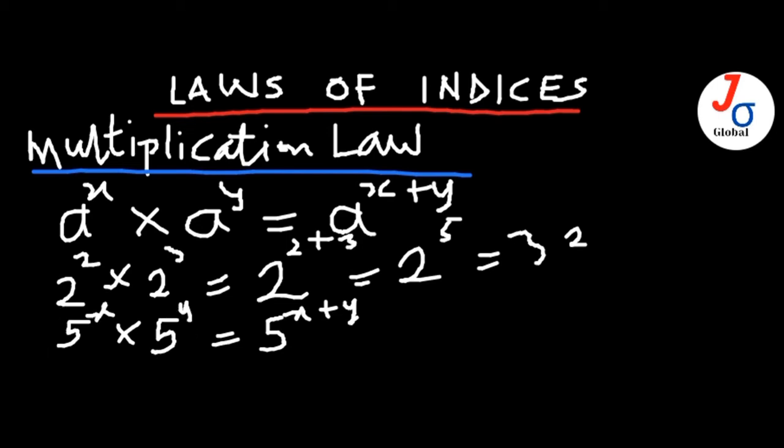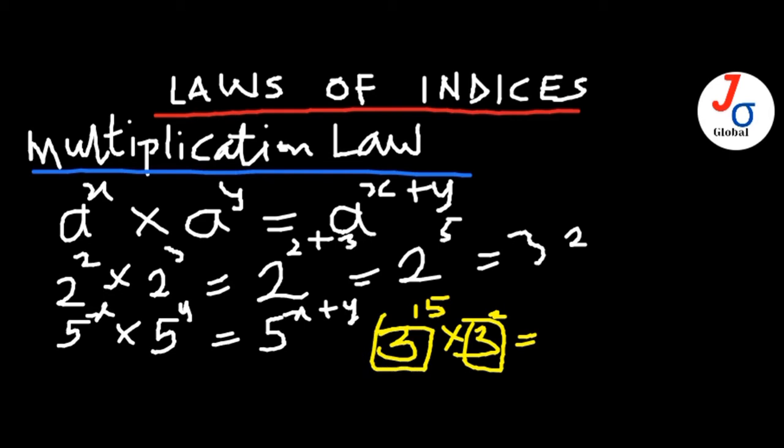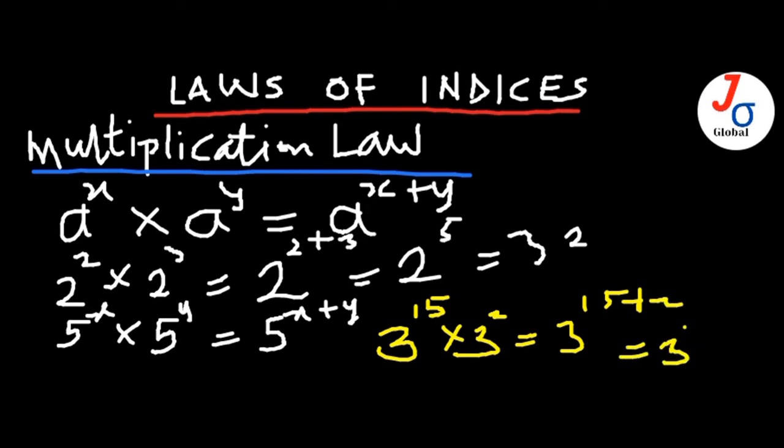What about if I have 3 to the power of 15 multiplied by 3 to the power of 2? Since they have the same common base, 3, I add 15 plus 2, and so definitely I have 3 to the power of 17.